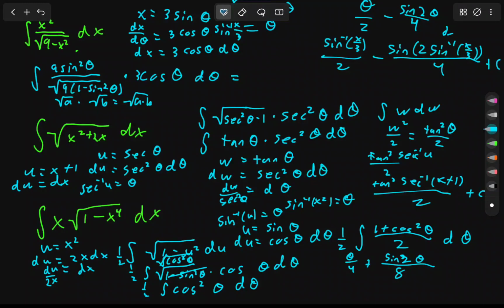So we can substitute this in. So we get sine inverse of x squared over 4 plus sine of 2 sine inverse of x squared over 8 plus c, and that's the solution to this integral.